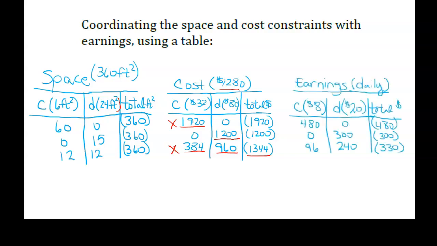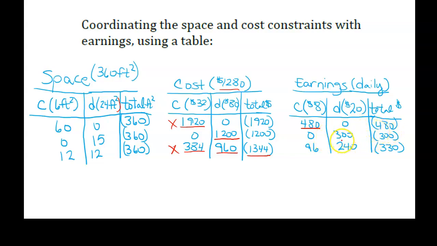Next, if we look at the earnings, how much they would earn with each of these three combinations. Again, I can't stress enough, you should be doing more than just these three. These are just the three basic ones that were introduced in the task, but they're not the only options, and there may be better options out there. When we look at the earnings, if we have only cats, 60 cats at $8 a piece would give us an income of $480 for the day.